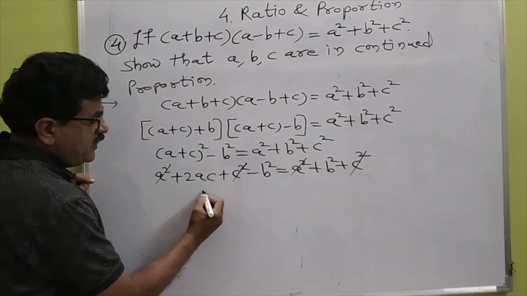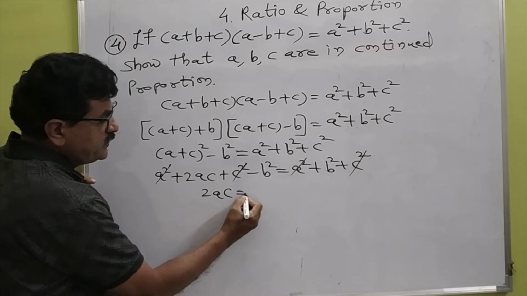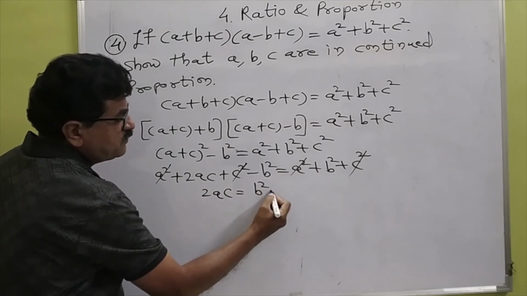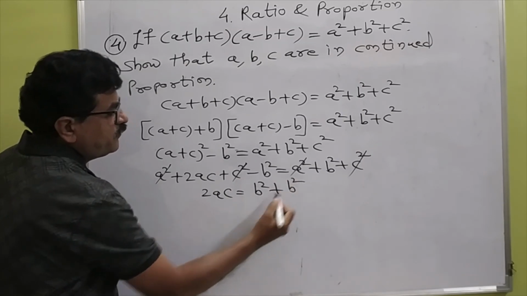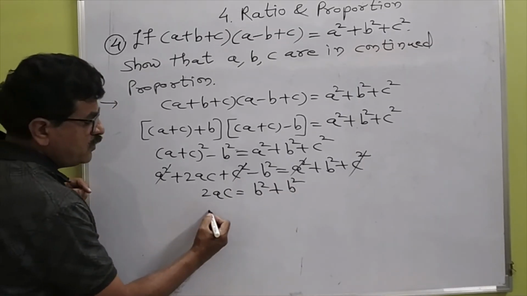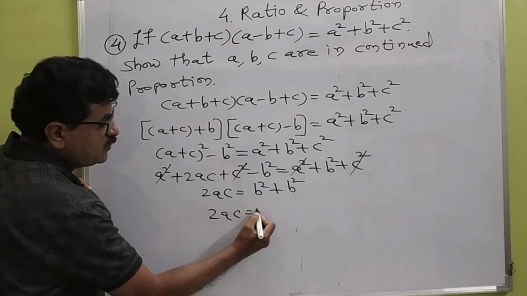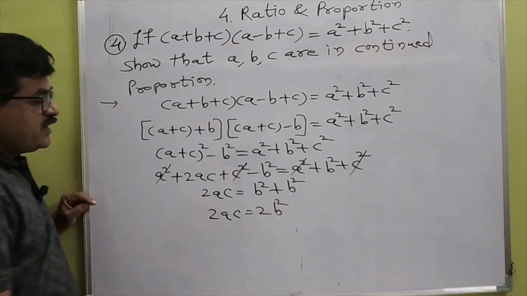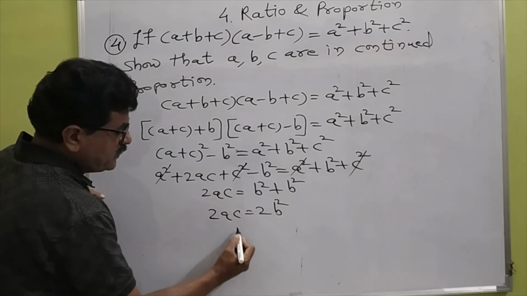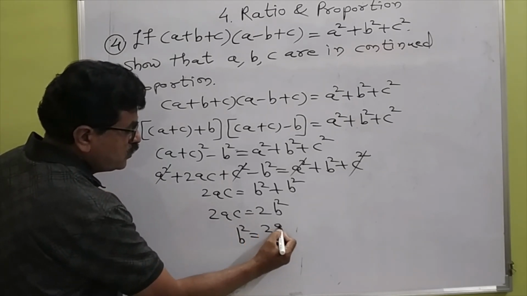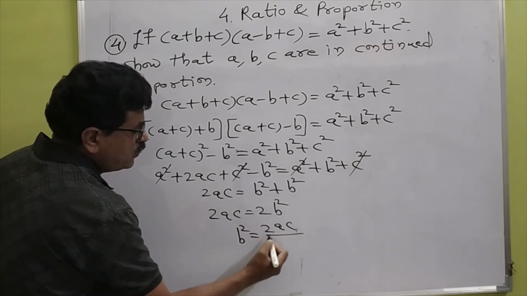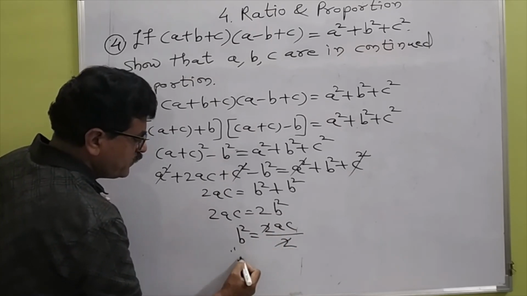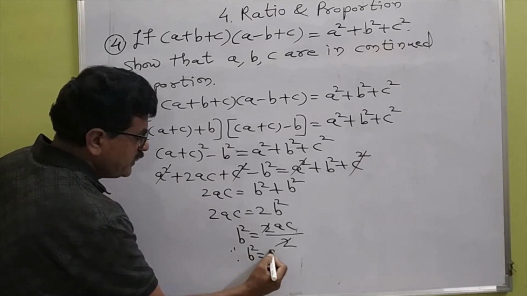Now on the left hand side 2AC is equal to B square plus B square. Therefore 2AC is equal to 2B square. Therefore value of B square is equal to 2AC upon 2. Here 2 gets cancelled. Therefore value of B square is AC.